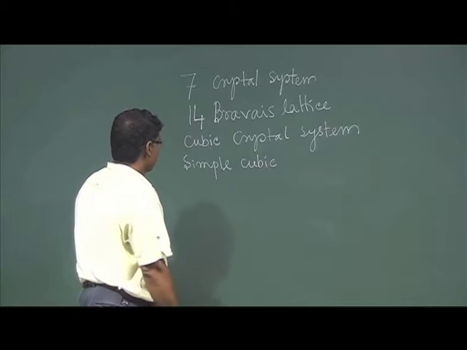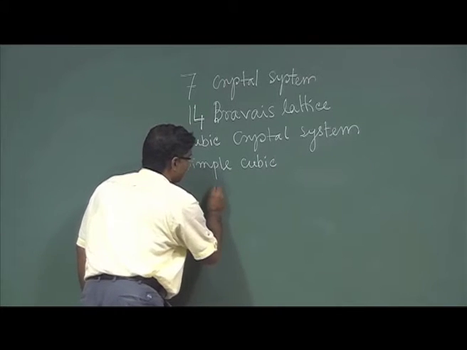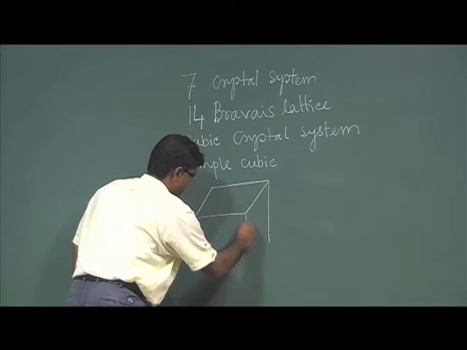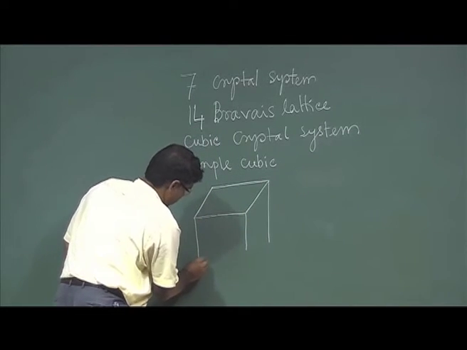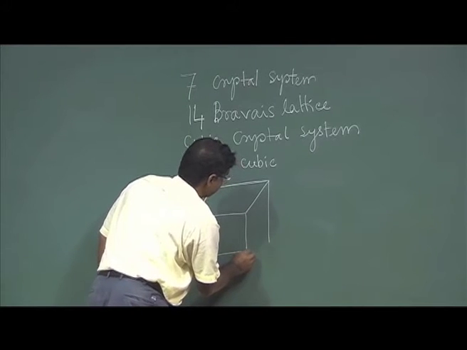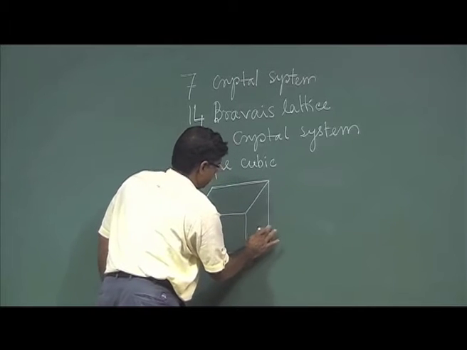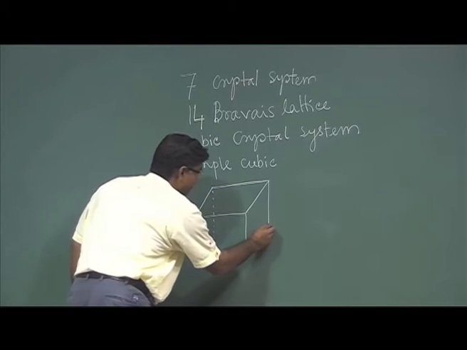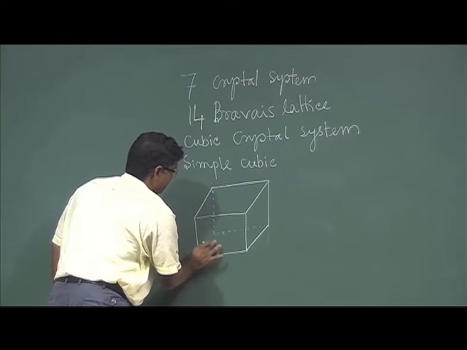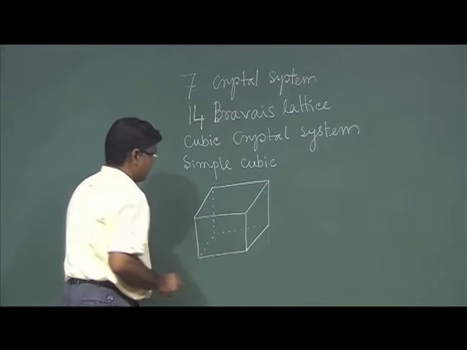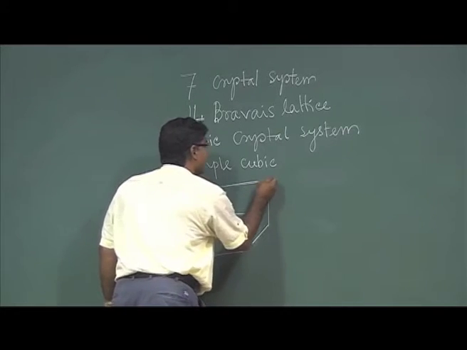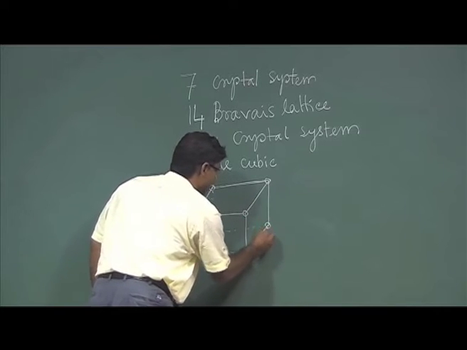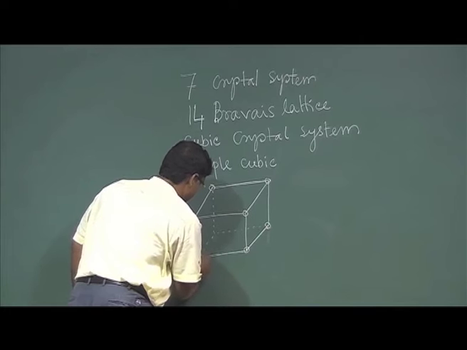In simple cubic, each corner has a lattice point. So, 8 corners, 8 lattice points.